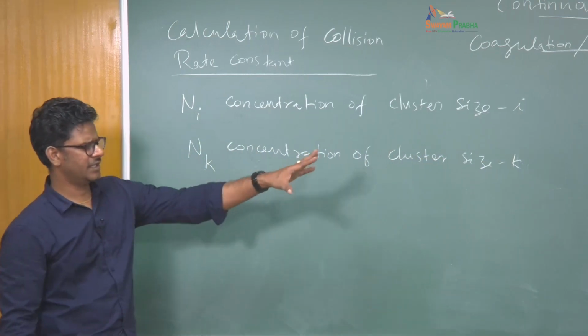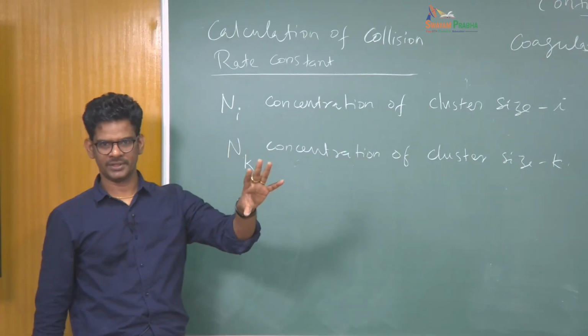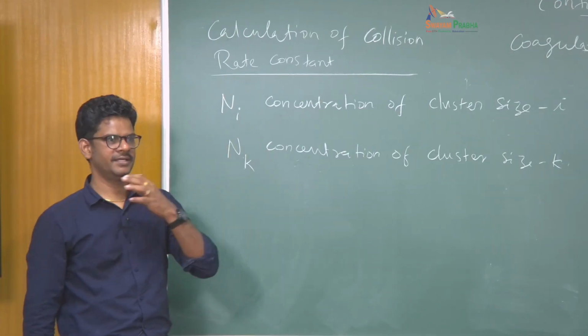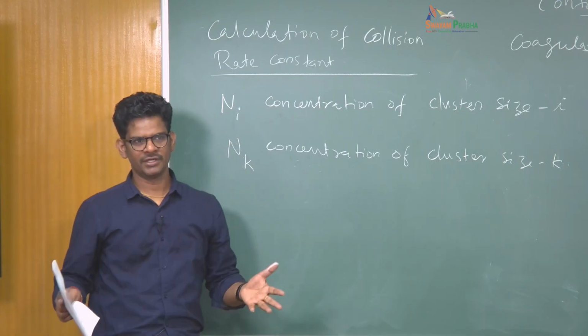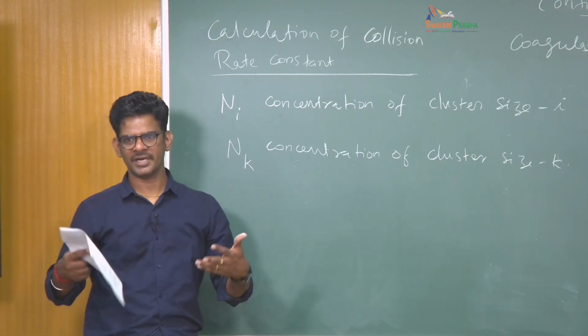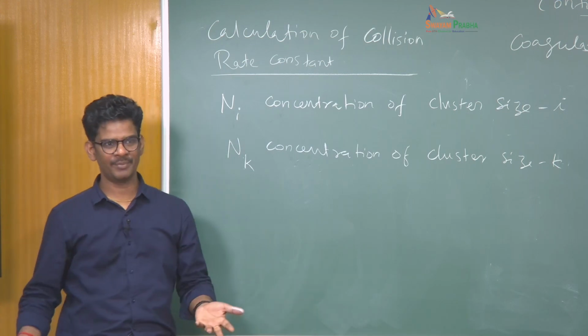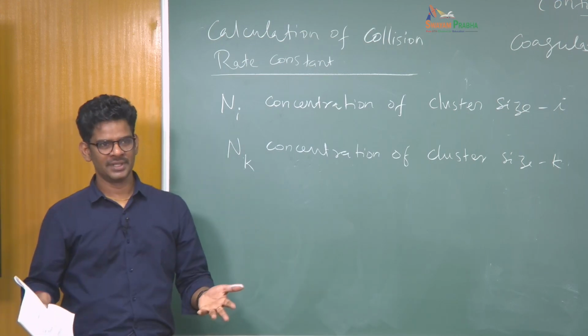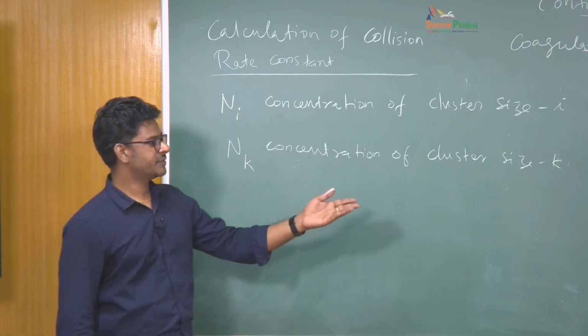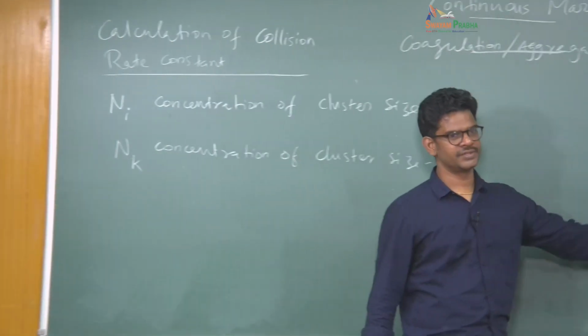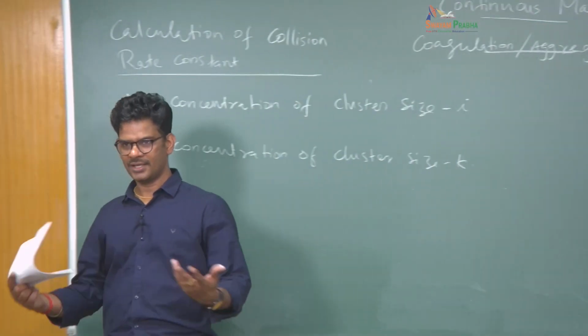So, what we did here is with respect to a single particle, a monomer, okay. But like I said in the beginning, the process does not stop at monomer interactions. Monomers grow into dimers, trimers and so on. The larger size aggregates will happen. They also diffuse, they also collide, they also aggregate. So, we are seeking a more general expression for K that involves clusters of other sizes.